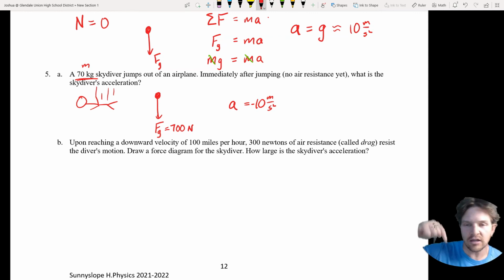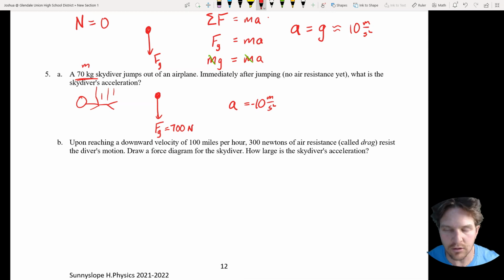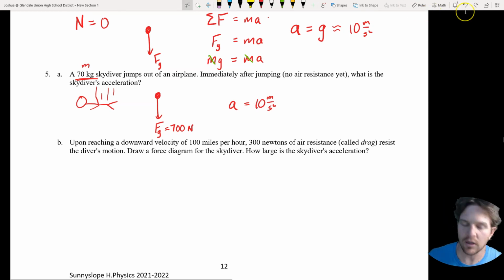So negative 10 is how we could say that numerically. You could make sure you said 10 meters per second downward. Acceleration is a vector, so you need to have the number and the direction attached to it. However you do it, make sure it is known that it is 10 meters per second down.